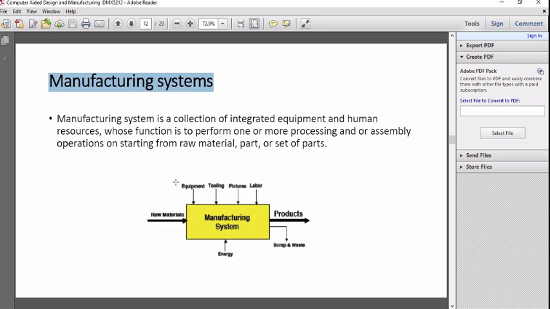There are equipment, tooling, and fixtures, which we will explain. Fixtures are for workpiece holding. Labor and energy are the inputs along with material, and we get the product as the output, and also scrap. So a production manufacturing system is a collection of integrated equipment and human resources. Just remember the definition of production system.